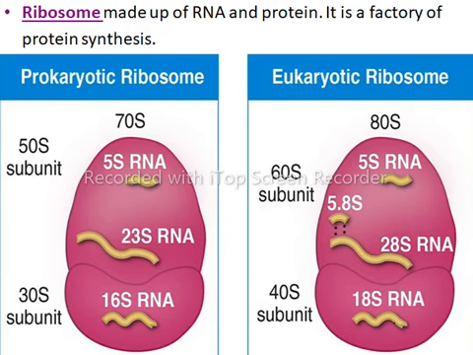Then comes ribosome. Ribosomes are the site of protein synthesis, or a factory of protein synthesis. Ribosomes are bodies of RNA and proteins. Here we have prokaryotic ribosomes and eukaryotic ribosomes. Prokaryotes have 70S ribosomes, while eukaryotes have 80S ribosomes.